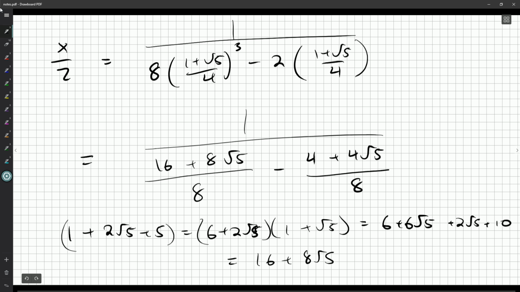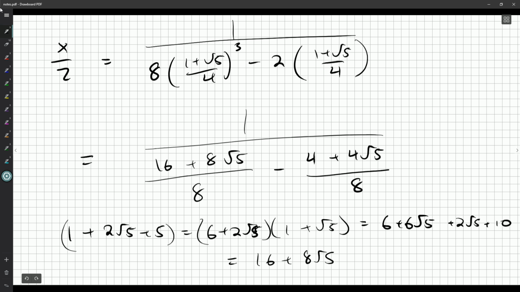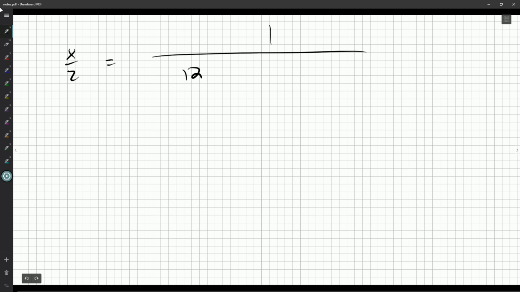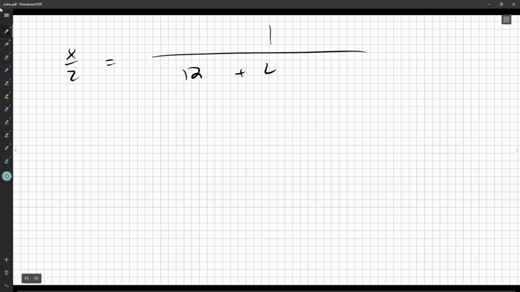I guess we can combine these. 16 minus 4, that's 12. 8 minus 4, that'll be 4 root 5. And the 8 can go up to the top. Divide top and bottom by 4, so we'll get 2 over 3 plus root 5. That's looking a little closer to our expression.